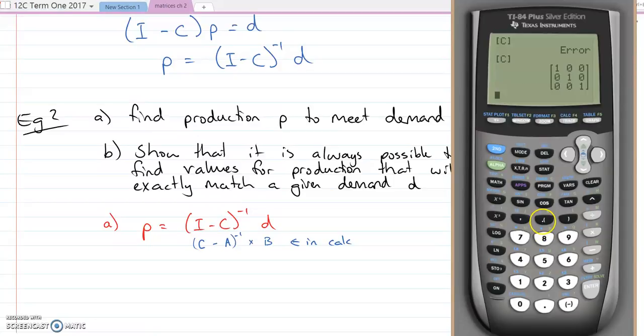So in my calculator I'm going to do bracket matrix 3 minus matrix A, and I make that to the -1 power for the inverse, and times by my matrix B. Okay, so I get these numbers.